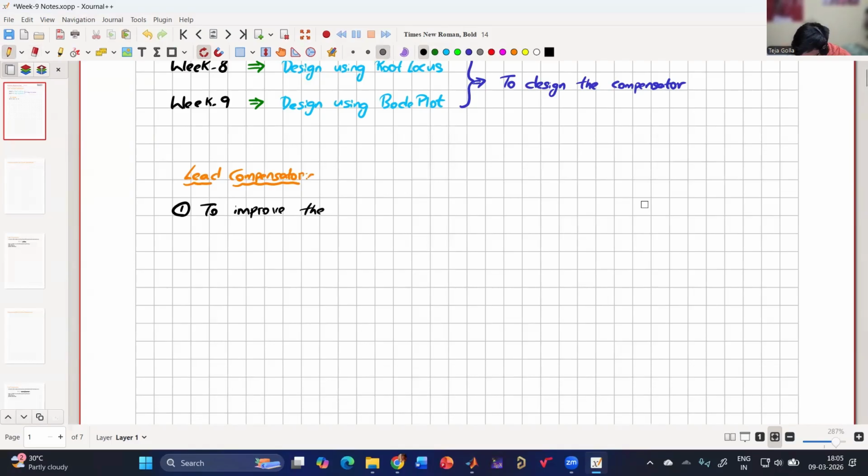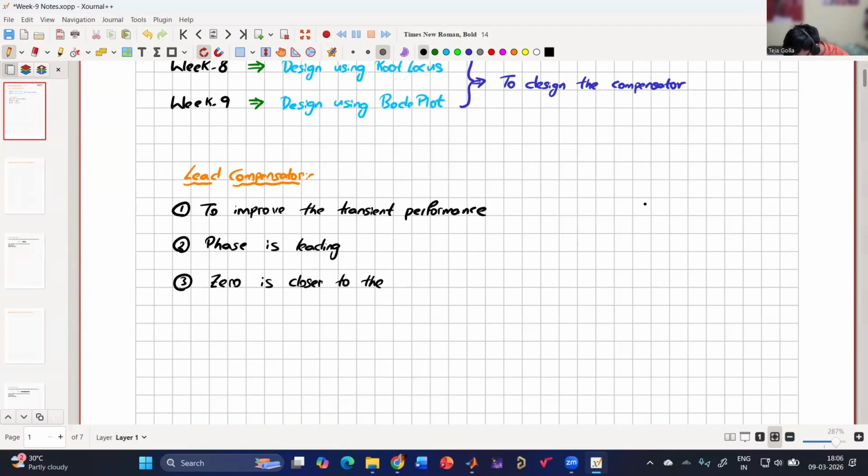Lead is for transient, lag is for steady state. Second, phase is leading. Third, why is phase leading? Because the zero is closer to the imaginary axis.